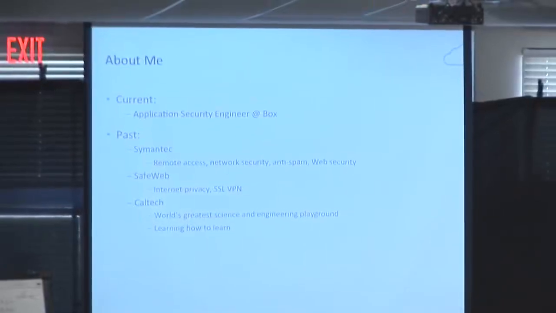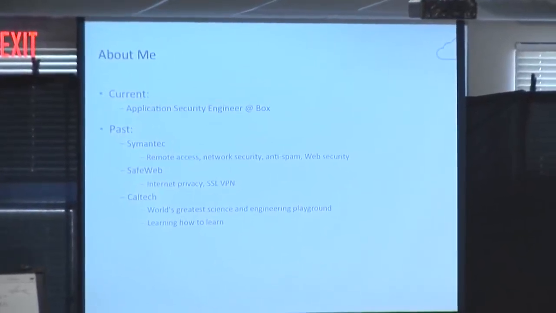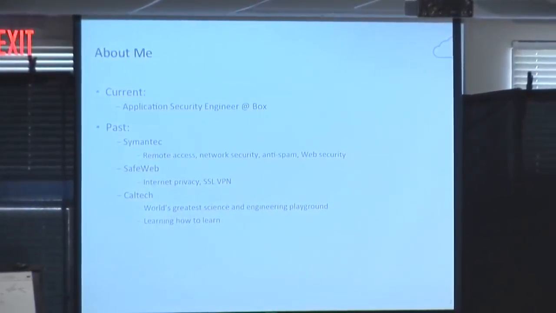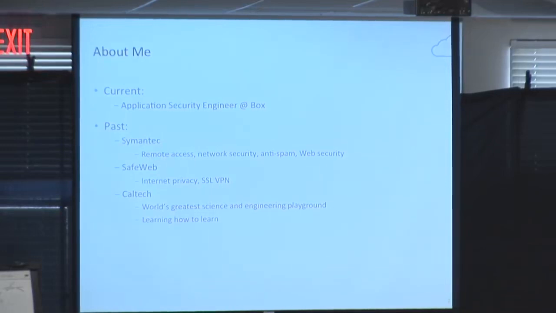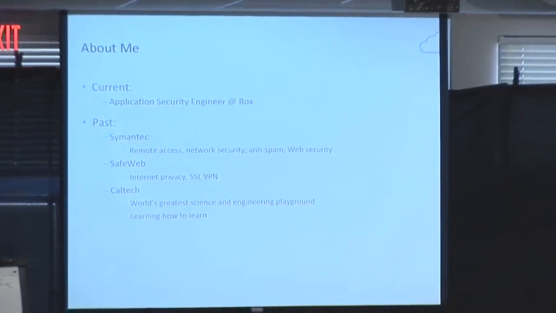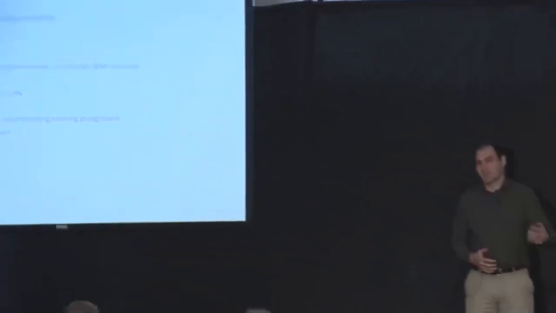So I'm going to talk about web security, specifically HTTP headers that can be used to secure web applications. These have come up over time. Usually the way it worked would be people would discover a class of vulnerabilities, and then someone would come up with a header that could defend against that class of vulnerabilities. Then another class of vulnerabilities would pop up, and another header would come out.